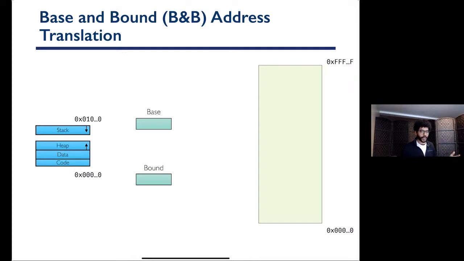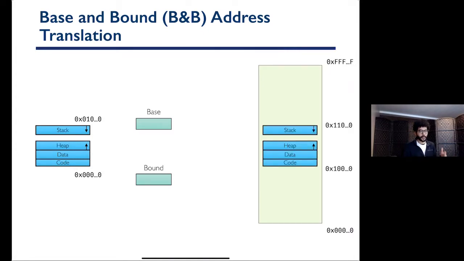Now, I'm going to allow my program to generate virtual addresses. Let's say I want to put my application in a certain region of physical memory. Let's assume that I'm going to map this particular program to address 0x1000000 to 0x110000.